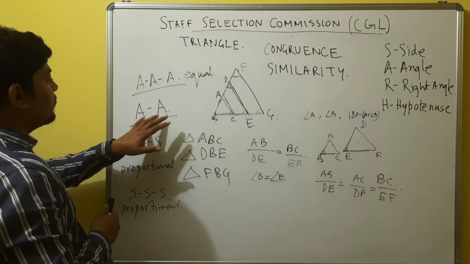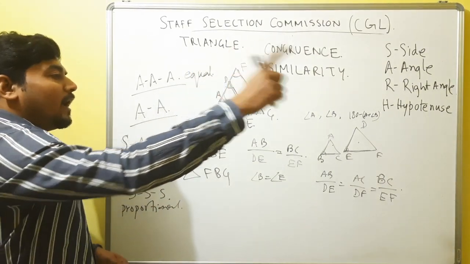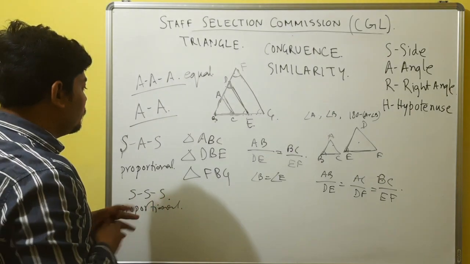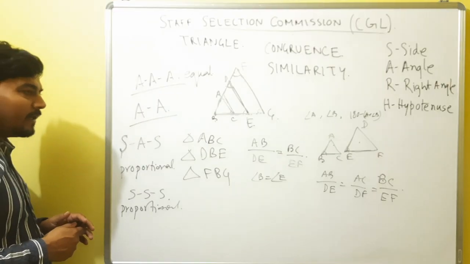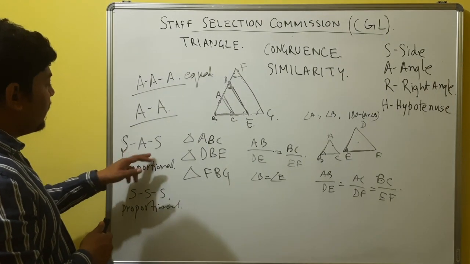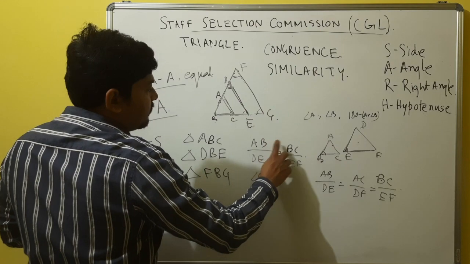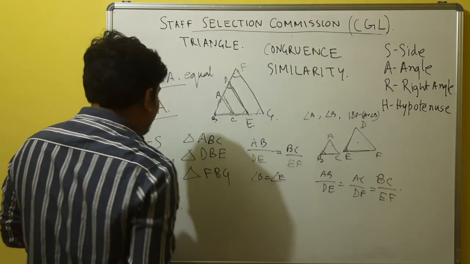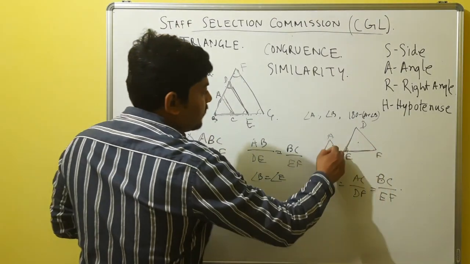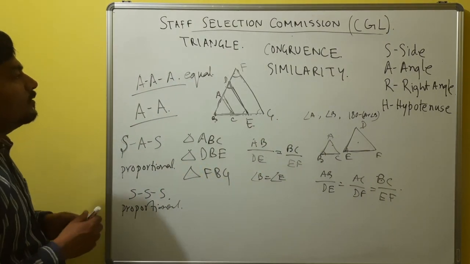Even if we know two angles are equal to two angles of another triangle, the triangles are similar. Similarly, for SAS, the sides are proportional, not equal. If the sides are proportional and the angles match, or all three sides are proportional, these two triangles are similar to each other.